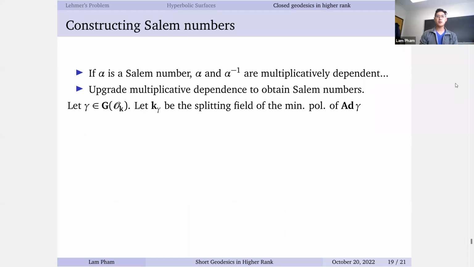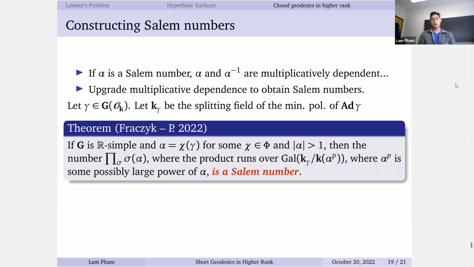If you take an element gamma, which is semi-simple and precisely lies in the arithmetic lattice, now you can look at the splitting field of the minimal polynomial of gamma. So actually, the splitting field is well defined and independent of the representation chosen, but we fix the representation to be the adjoint representation. Now you have this splitting field of this element gamma, okay, and you can use this splitting field as follows.